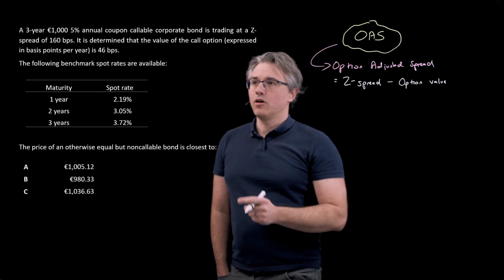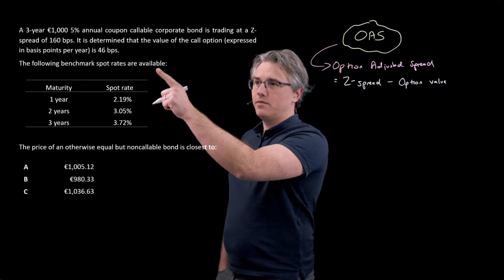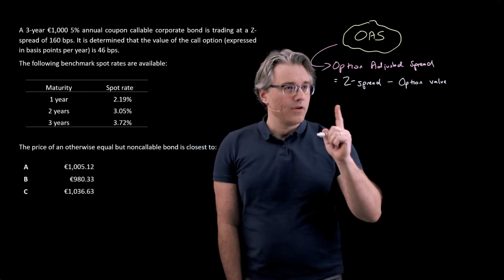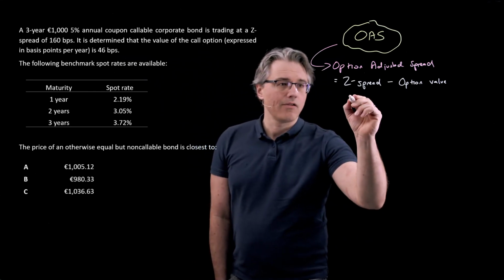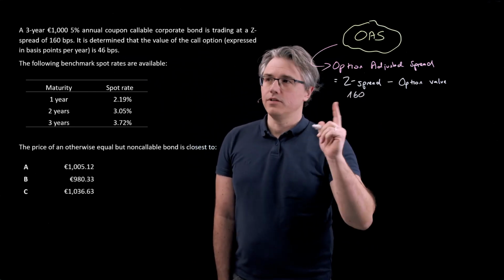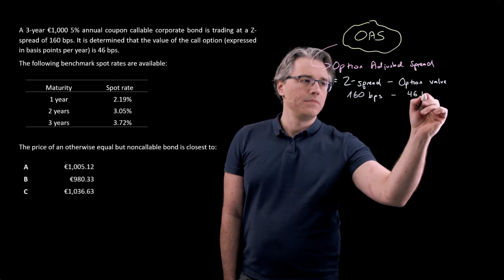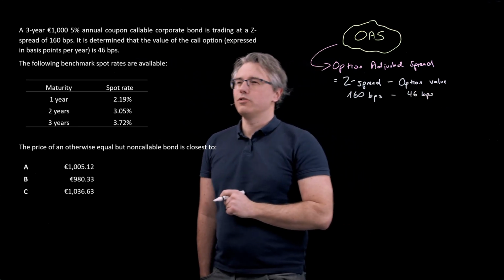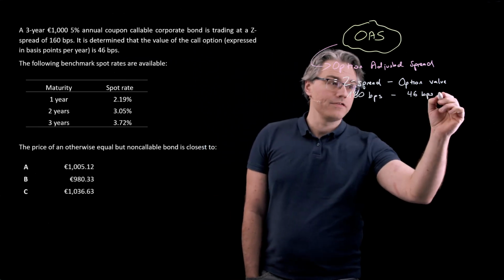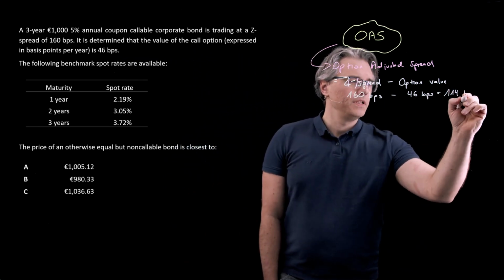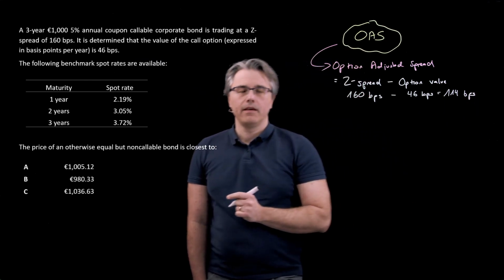And option value here is expressed in basis points at 46 BPS. So essentially, we're going to take 160 for the Z spread minus 46 basis points for option value, thus arriving at a figure of 114 basis points.